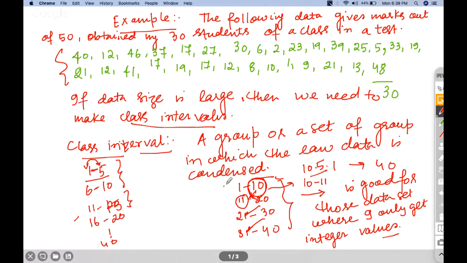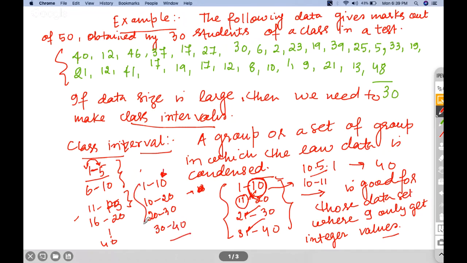So for that, I'll have to make another kind of class interval, which is 1 to 10, where 10 is included or not included. Then I'll make 10 to 20, where the larger value is not included here, so if 10 is coming, I'll write it here. Then 20 to 30, and then 30 to 40.